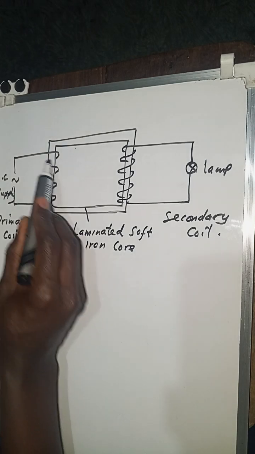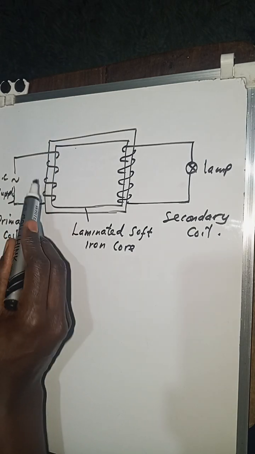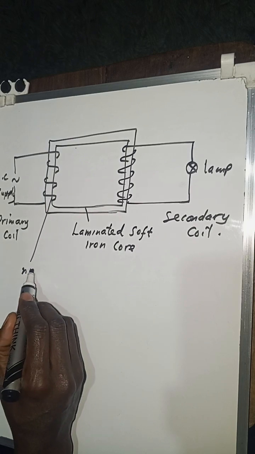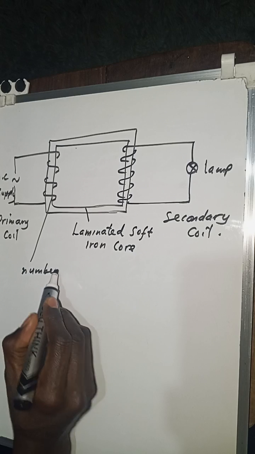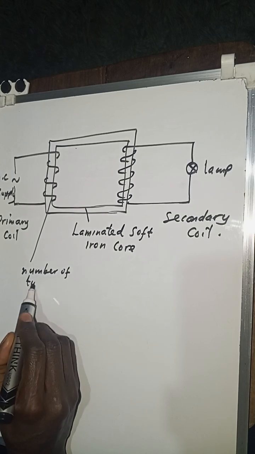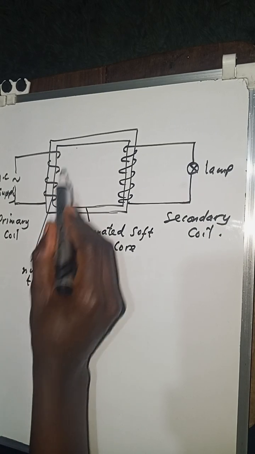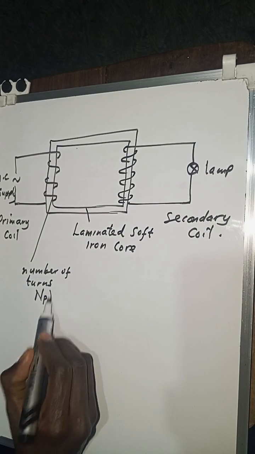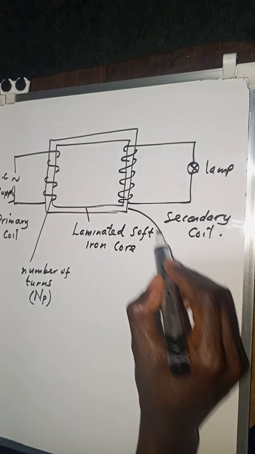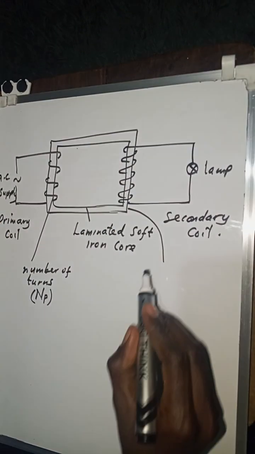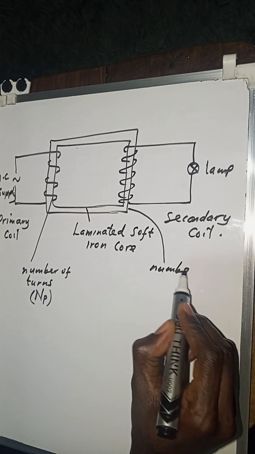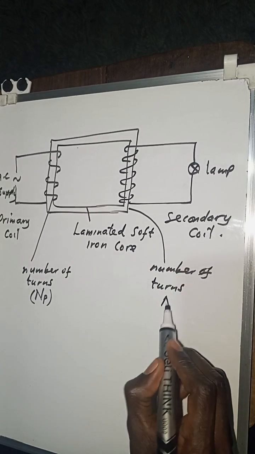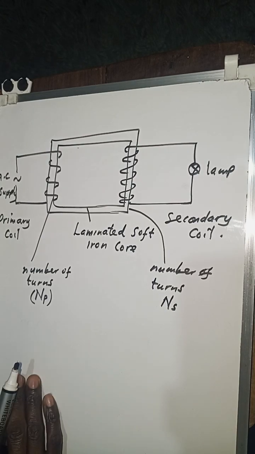Now, the number of wires wound on the primary coil, we refer to as the number of turns. So the number of turns on the primary, NP, and the number of turns on the secondary, NS.